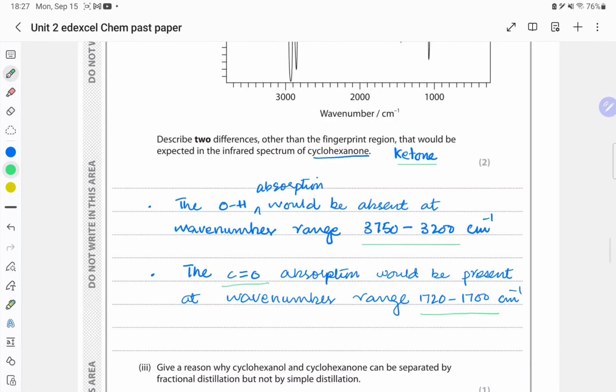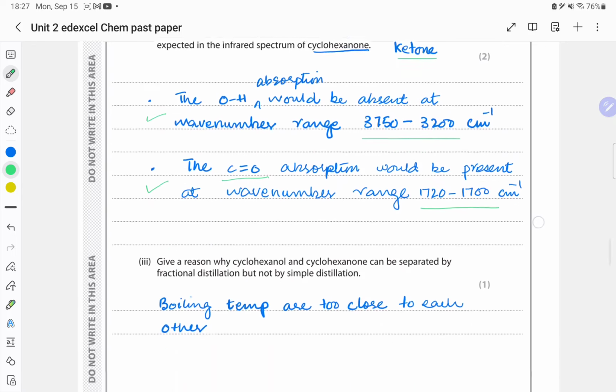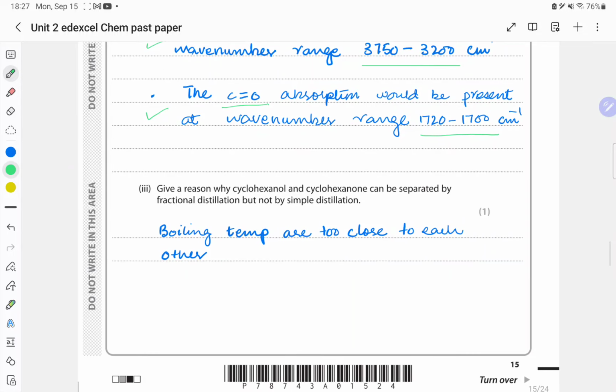So this is how you're going to say that it's not present over here, but it is present under this range.